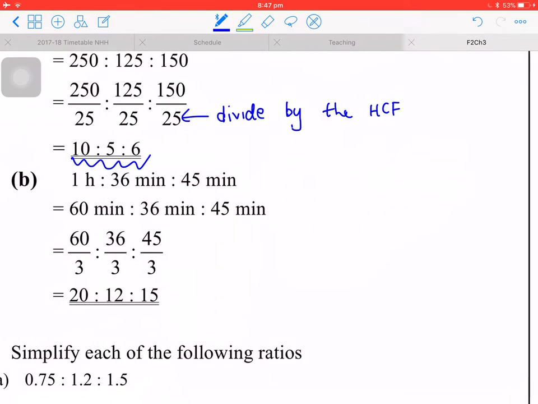And for this one, they have different units, so you have to change them to the same unit, so that you can omit the effects of units. Then you just divide by the HCF of the numbers, and you have the result here.